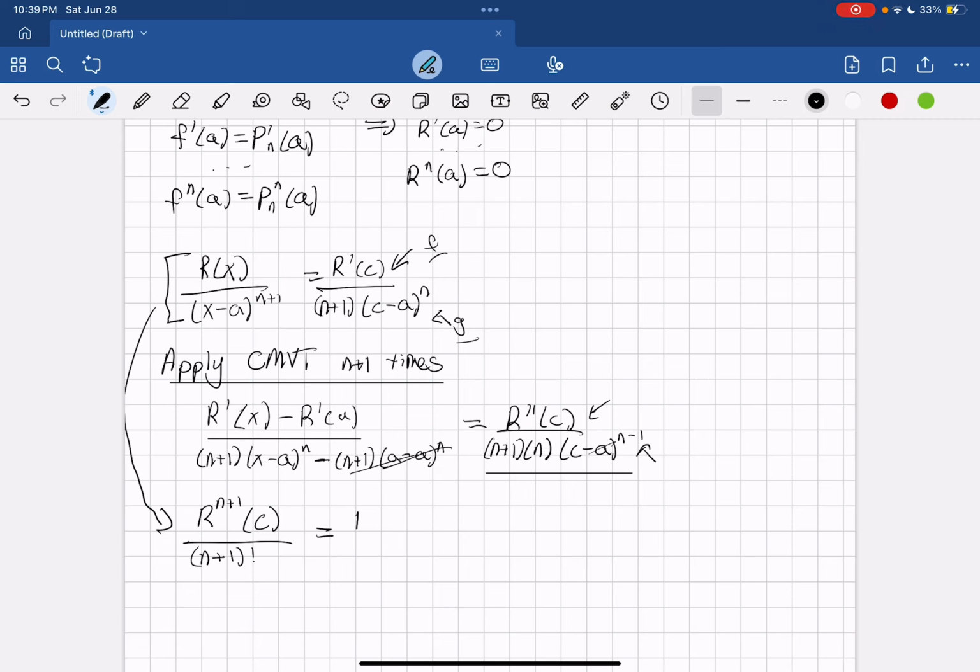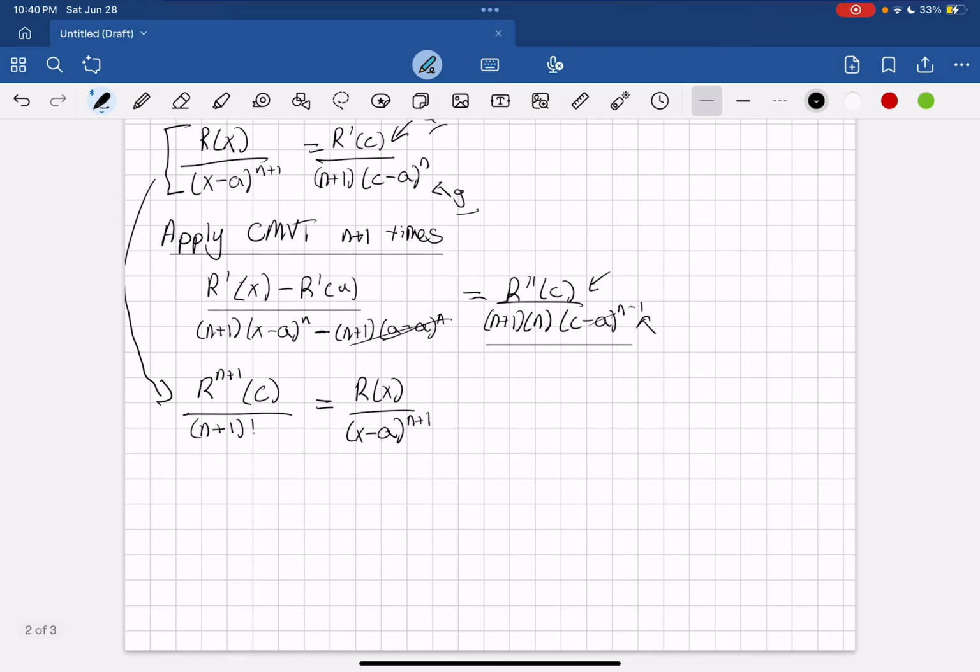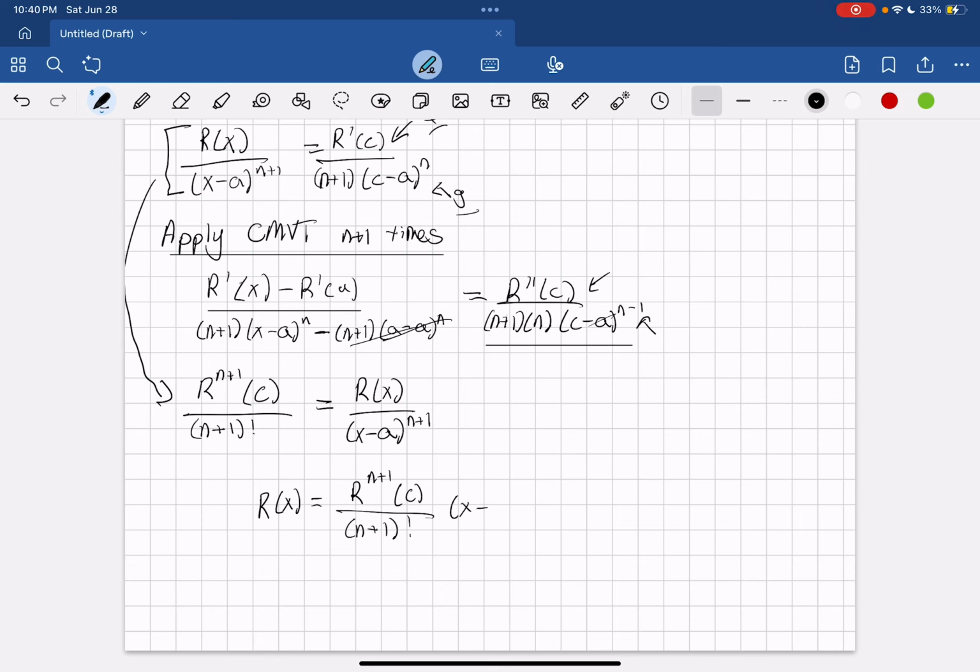So we know it equals r of x over x minus a to the n plus 1. So now we can solve for r of x, and we're pretty close to our final answer. So we get r of x equals the n plus 1th derivative of r at c over n plus 1 factorial times x minus a to the n plus 1.